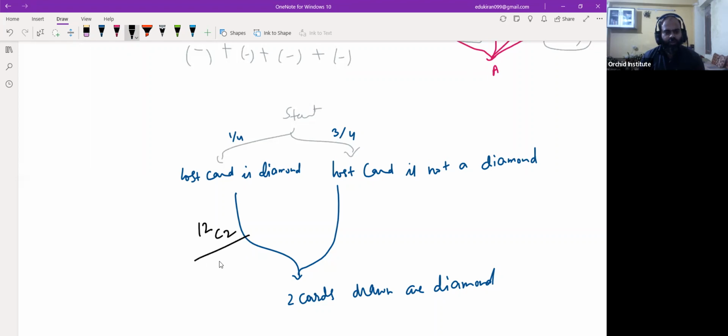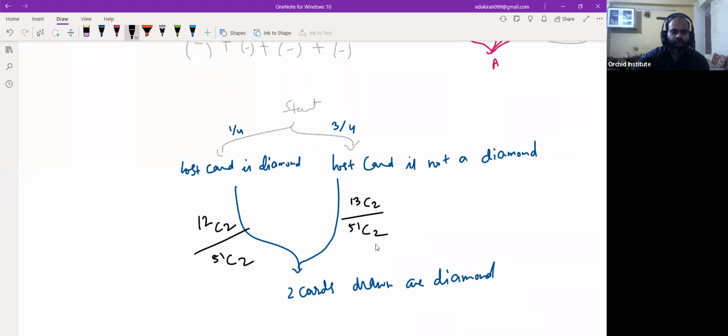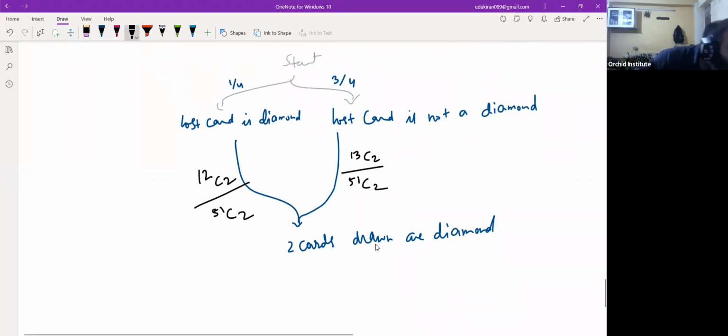And total number of ways of selecting is 51 C2, because 51 is total. Is it okay? Yes, sir. And here lost card is not a diamond. So it is 13 C2 upon 51 C2 because still there are 13 diamonds there. And when you find the probability of the lost card being a diamond, which branch do you have to take in the numerator? This branch.